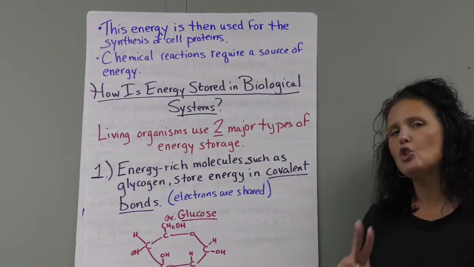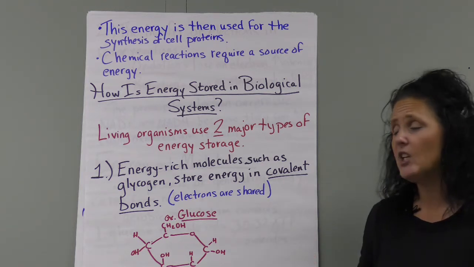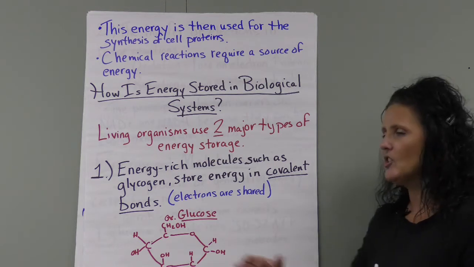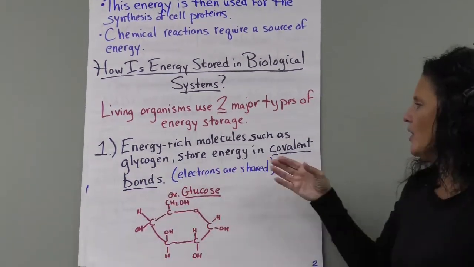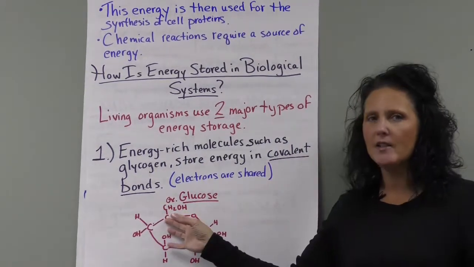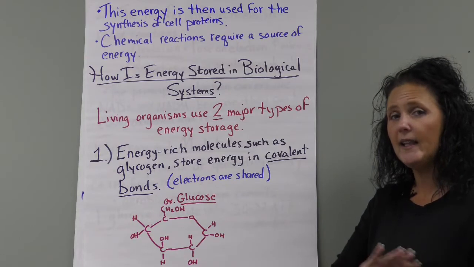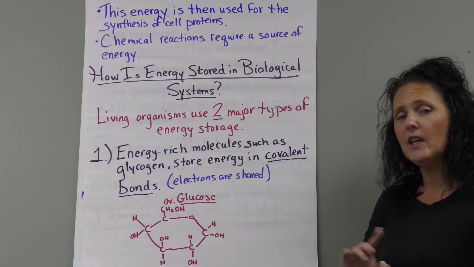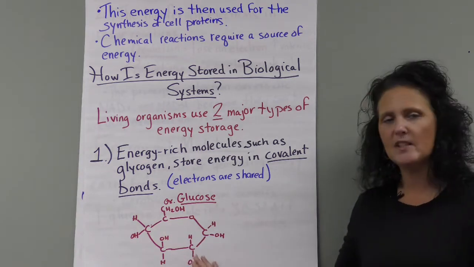Living organisms use 2 major types of energy storage. The first way we store energy is in energy-rich molecules such as glycogen. Glycogen is how sugar is stored in your liver. And they store energy in what are called covalent bonds. If you remember from general chem, you have 2 types of bonds, covalent and ionic. In covalent, the electrons are shared. This is glucose, and glucose is just a simple sugar.